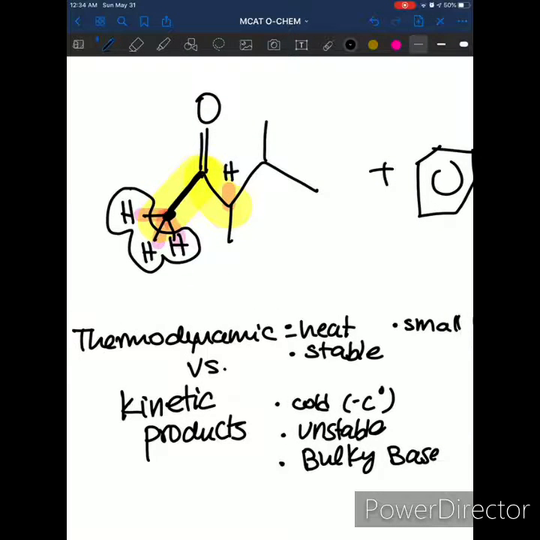And also, if you think about what would happen if I were to take a base right now and capture this hydrogen, I would have a double bond here, and this oxygen would go over there, I would have a double bond right there. And versus, let's go ahead and think about this. If I were to pull off this hydrogen, what would happen?